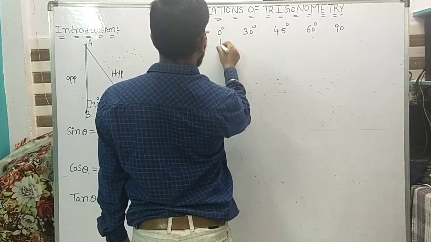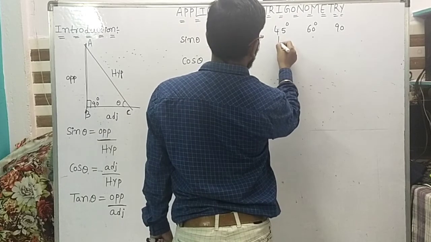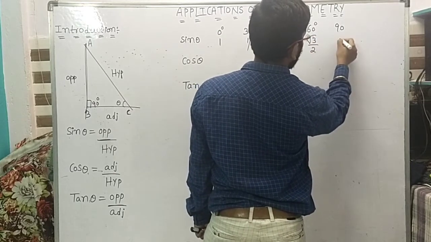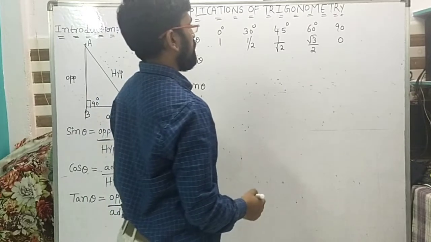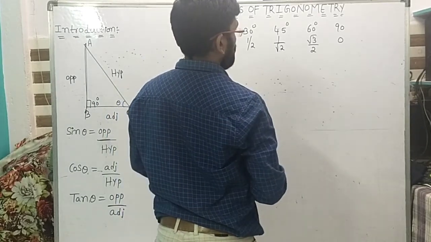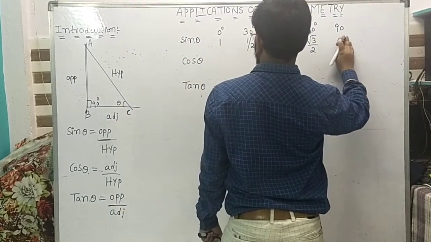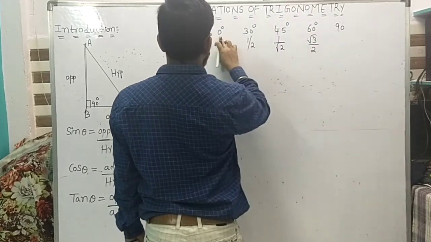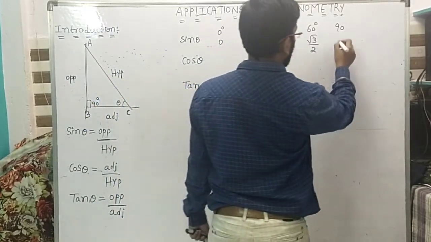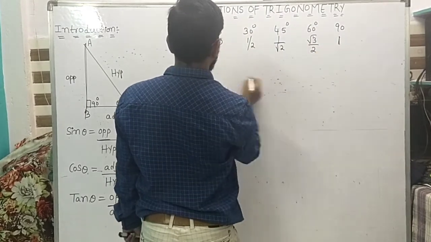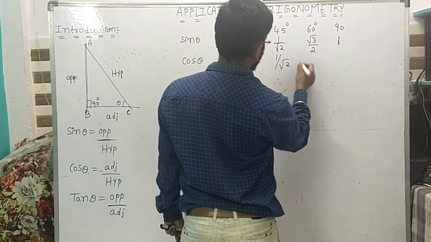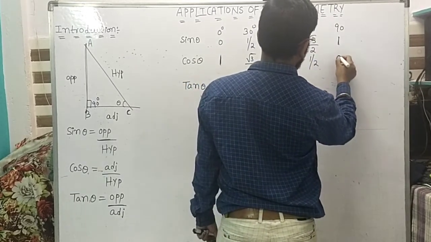Sin 0 is 0, sin 30 is 1 by 2, sin 45 is 1 by root 2, sin 60 is root 3 by 2, sin 90 is 1. The reverse of this is cos: cos 0 is 1, then root 3 by 2, 1 by root 2, 1 by 2, and cos 90 is 0.